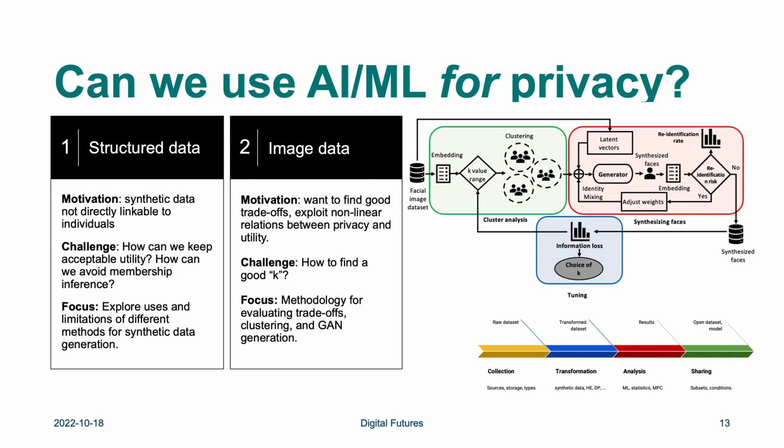Structured data like census data or health, patient data, patient records. And here I'm showing one example for image data. Given a set of facial images, we want to analyze the data set without exposing any individual identity.